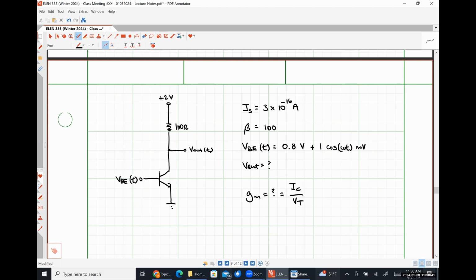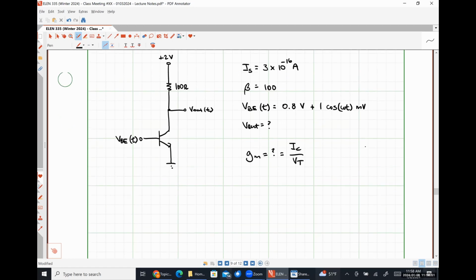Do we need to do any real analysis for that at all? No, because we don't really have anything that's messing things up, right? So our large signal IC is just going to be IS times the exponential of VBE, which is a known quantity, over VT, which we're assuming to be 26 millivolts.